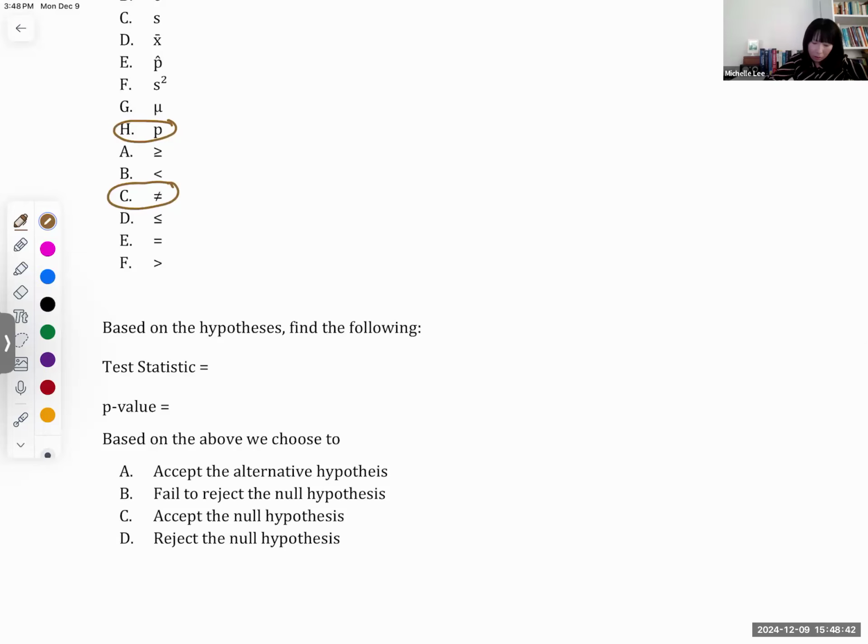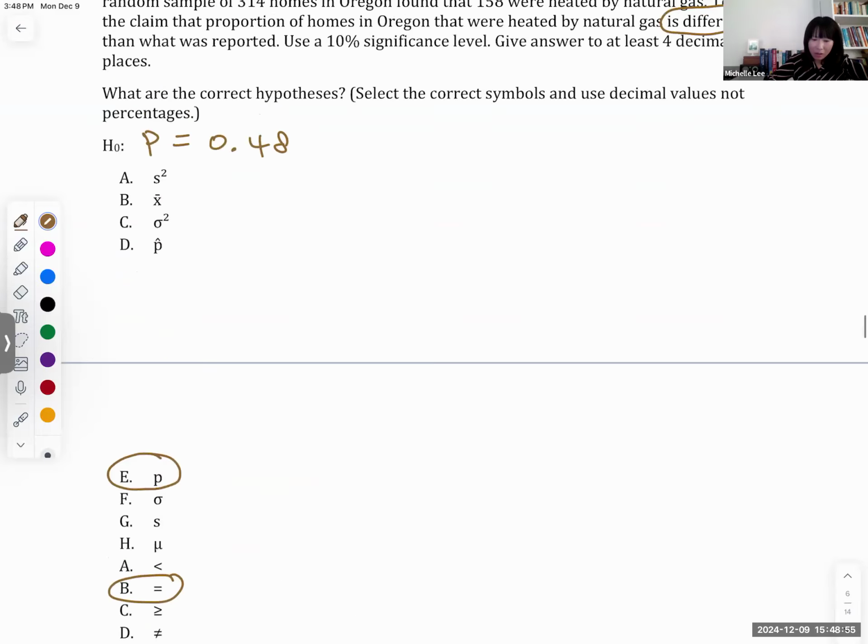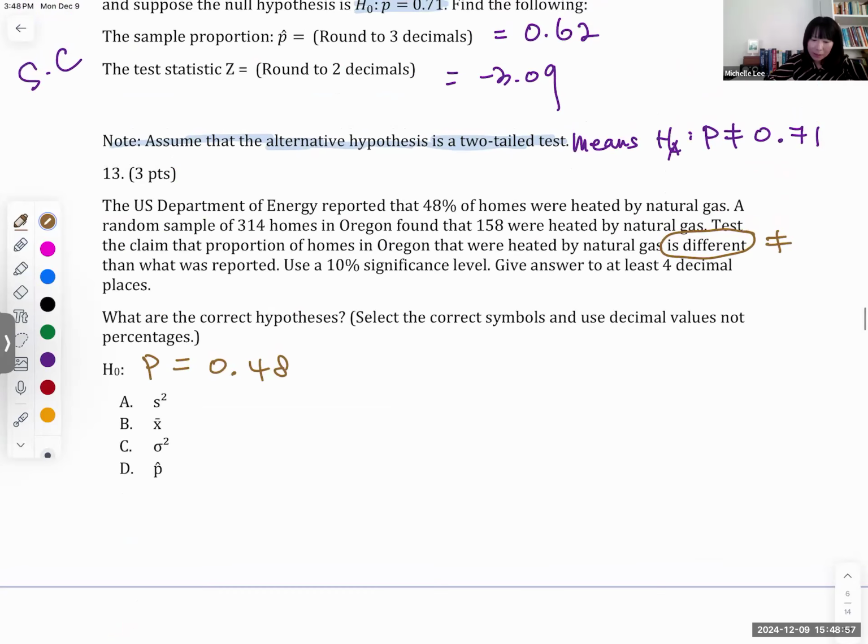Once again, we are using the test statistic. In order to do that, we have to have X and N, right? The number of successes and the sample size. This will be the sample size, because they say so, right?